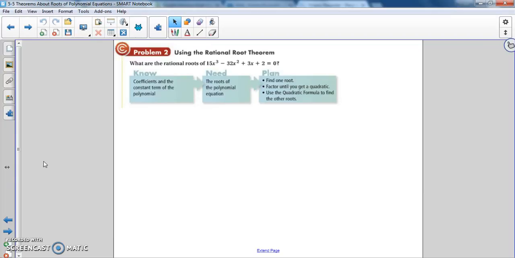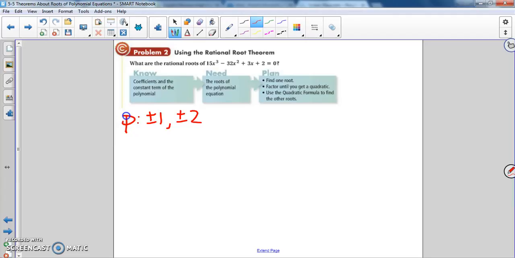So for number 2, we're going to use the rational root theorem to find the rational roots of 15x cubed minus 32x squared plus 3x plus 2 equals 0. So we know the coefficients and the constant term of the polynomial. The constant term factors, p, are positive and negative 1 and positive and negative 2.